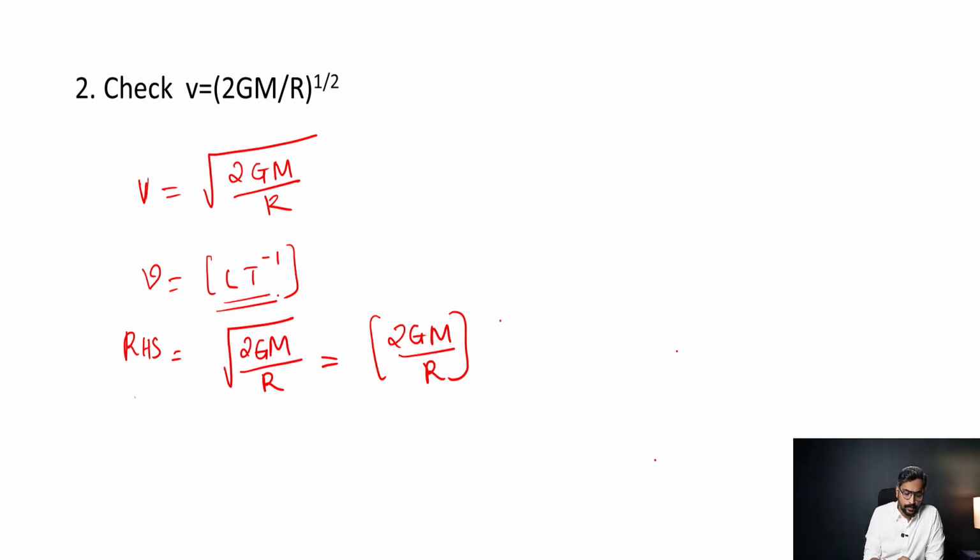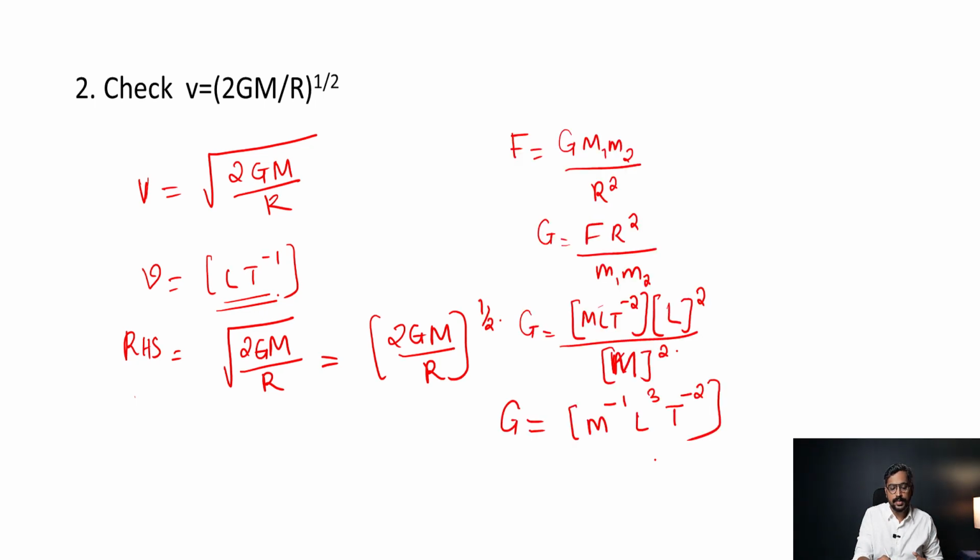Now, in this case, g also has a dimension, m also has a dimension, and r also has a dimension. Even though g is a capital, a constant, the universal gravitational constant, it does have a dimension. So what is the dimension of g? Let us find that out first. You know that F is equal to g m1 m2 by r square. This is the gravitational force equation.